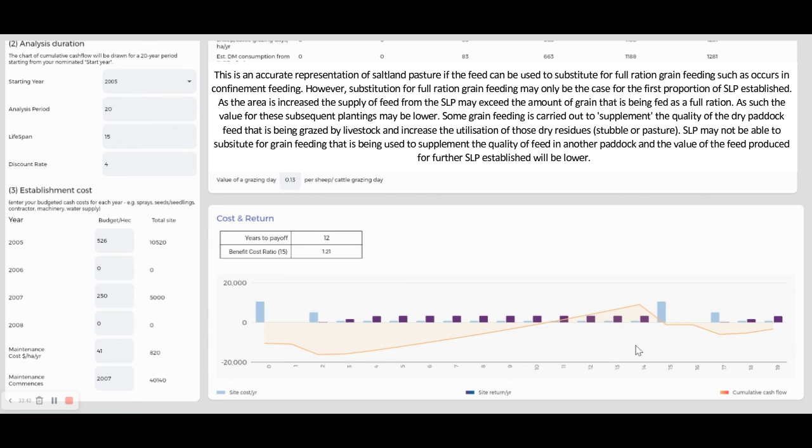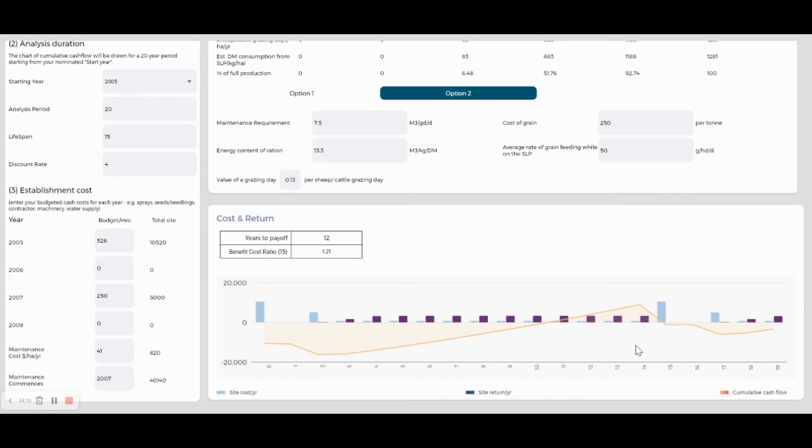As you grow more Saltland pasture, it's likely that the extra Saltland pasture won't substitute for full ration grain feeding, and therefore the value you achieve will not be as high as estimated by this tool, and you'll need to do a more complicated analysis to accurately calculate the value of extra feed.